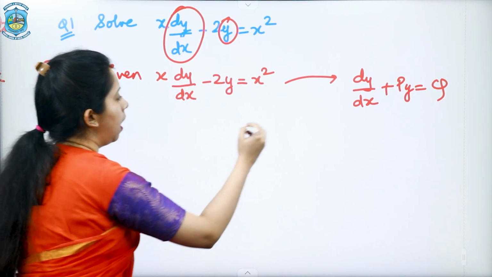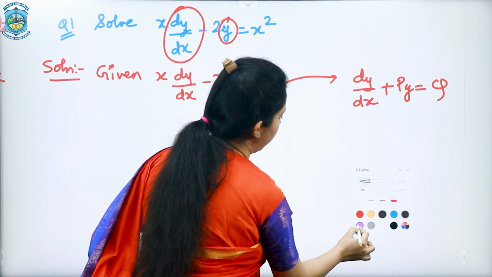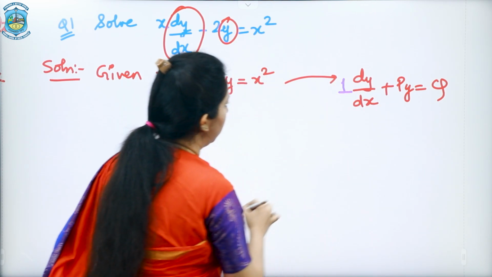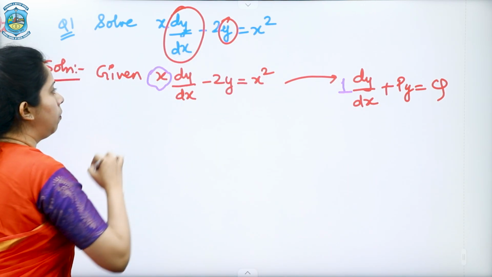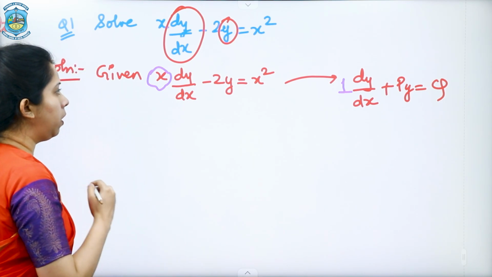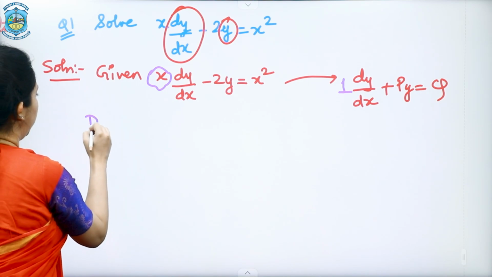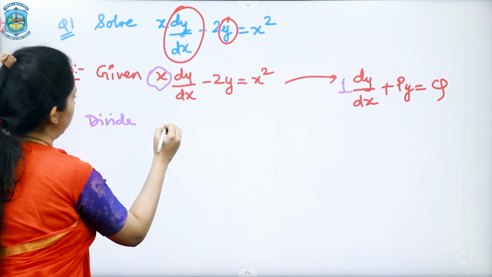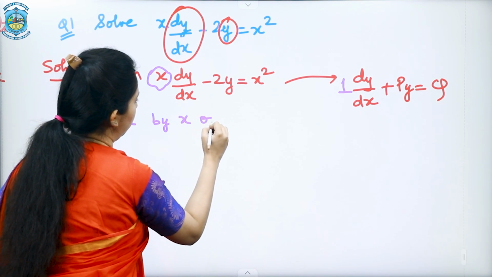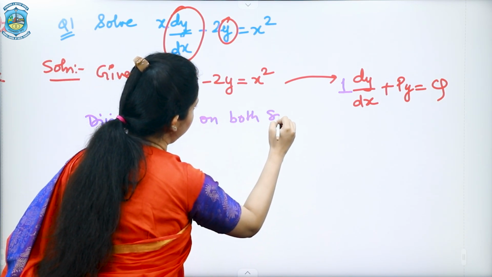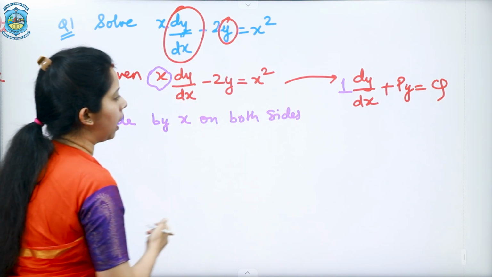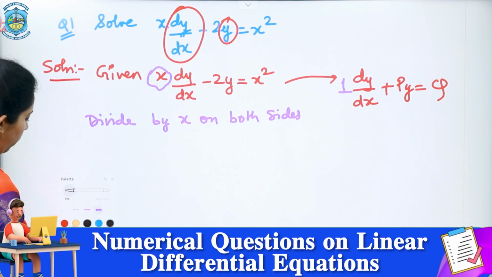The first thing is that the coefficient of dy by dx should be 1. Here you can see that the coefficient of dy by dx is not 1. So what will we do? We will divide the whole equation by x on both sides, so that we can convert it into the standard form of linear differential equation.